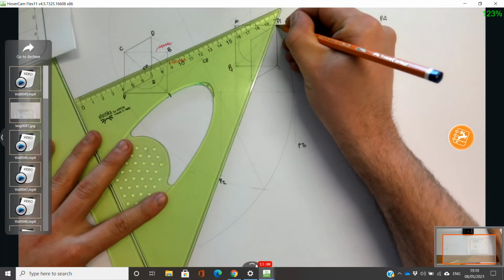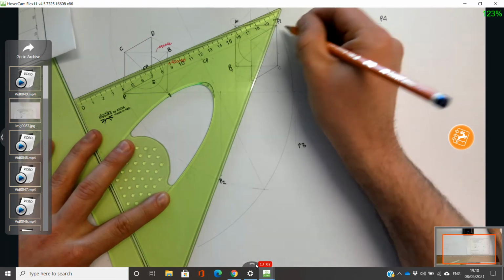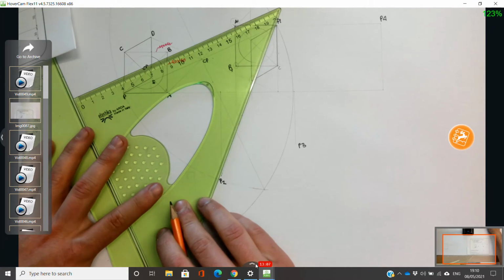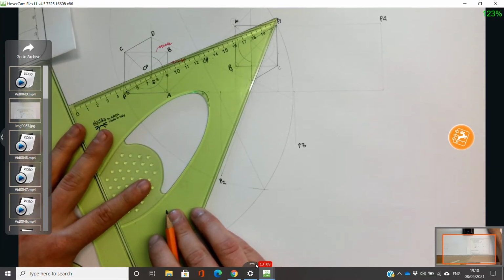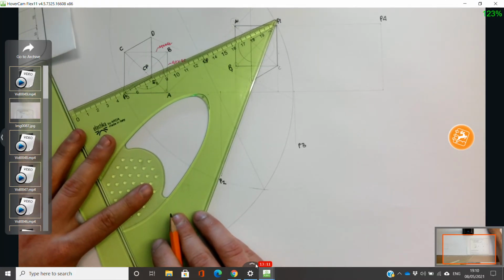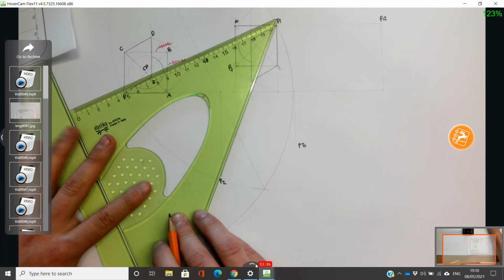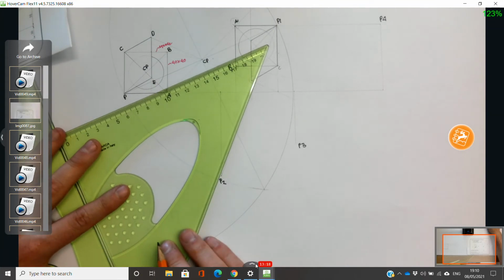Now remember, it's still a square. So there's the distance. So only plot the appropriate number of points. Okay, so I think you only need 2 points on this. P1 and A1 is all you need.